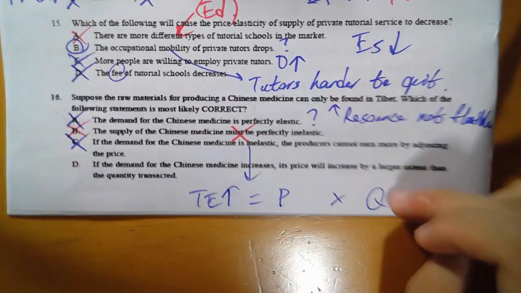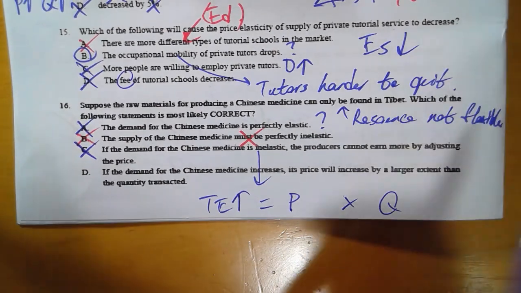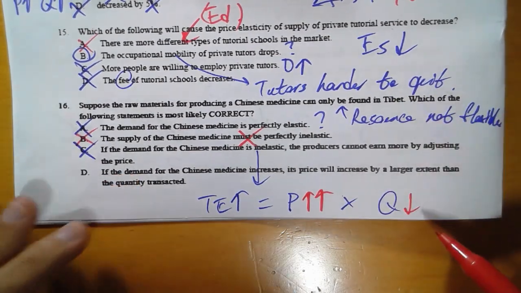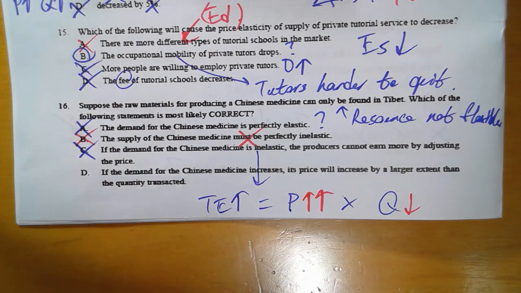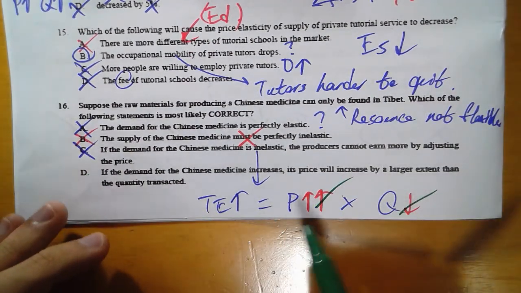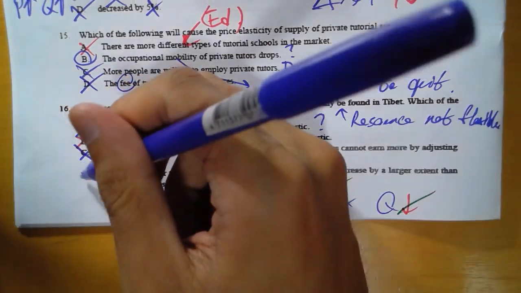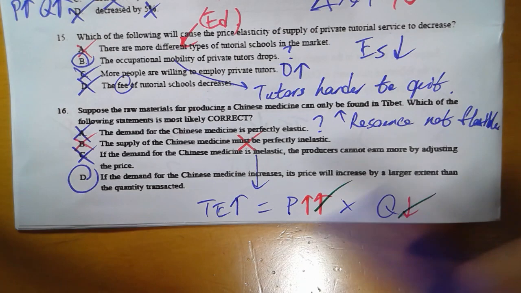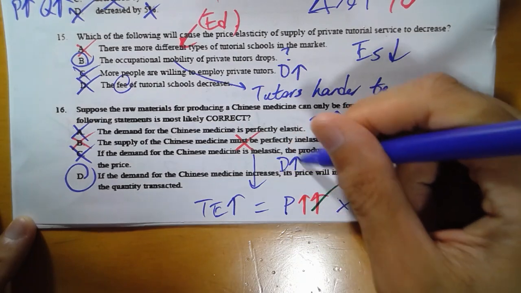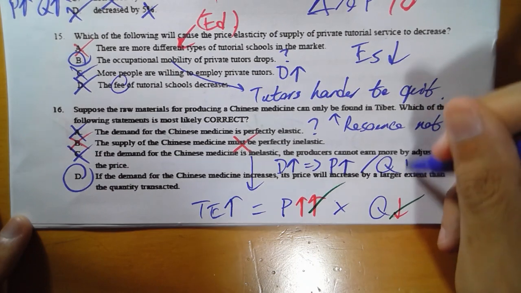Inelastic means this will move slower, right? So you increase the price. Yes, there will be a little bit of a drop in quantity, but then they cancel out. You find that you can actually earn more by setting a higher price. So D is the only possible answer. Now, demand increases: D increases, P increases, Q increases.